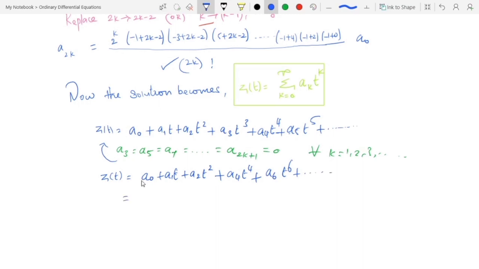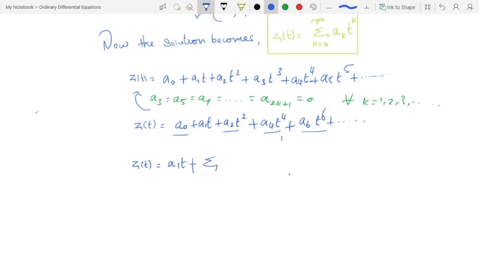Or we can rewrite it as a1 t plus remaining terms a0 t power 0, a2 t power 2, a4 t power 4, a6 t power 6. That is a suffix even number, t power the same even number, that can be written in summation as summation k varies from 0 to infinity a suffix 2k t power 2k.